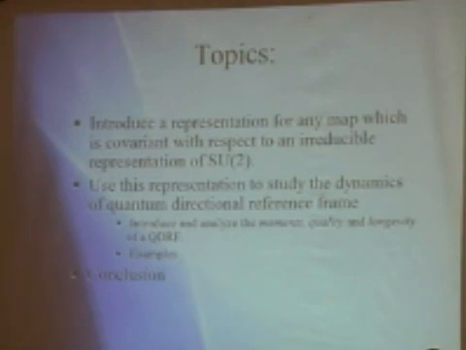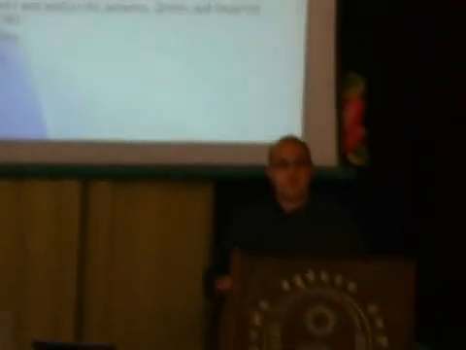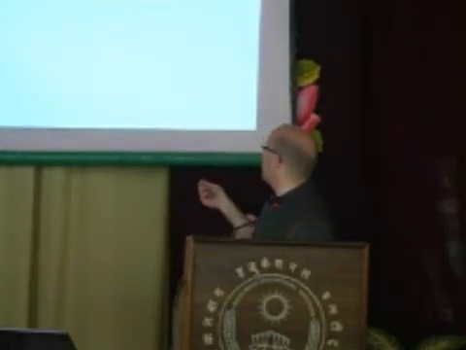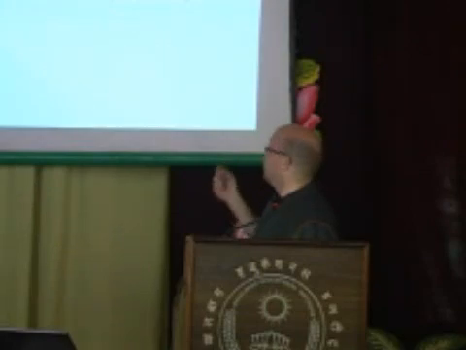What this means is that if I have a quantum map that's invariant under rotation in space, then I will have a nice way of writing it in general. This will be easier to analyze than the scenario I'm interested in, and I will be able to study the dynamics of the quantum reference frame.